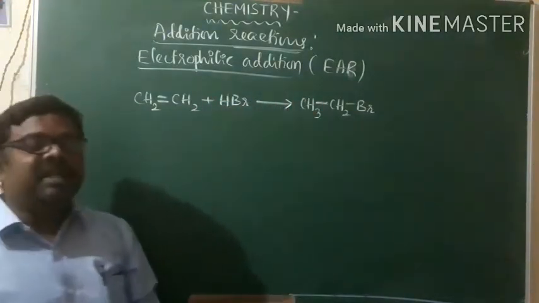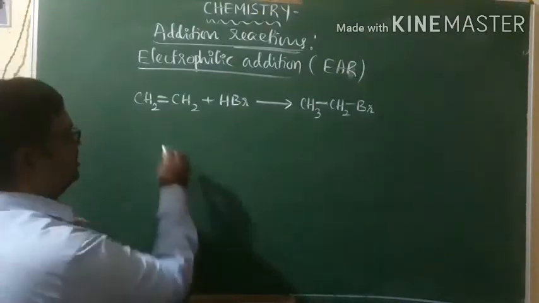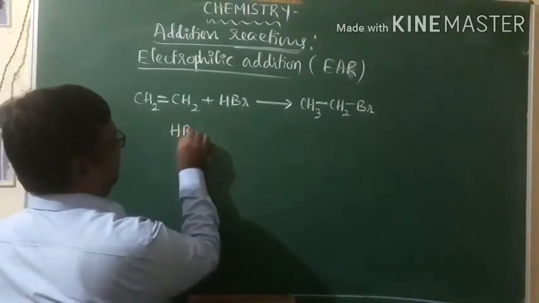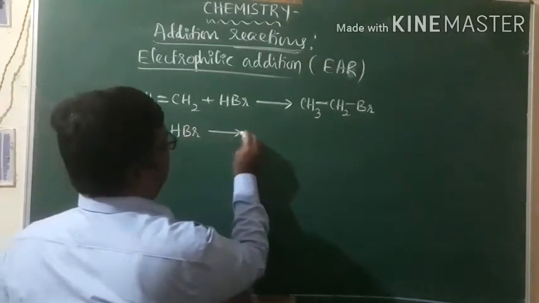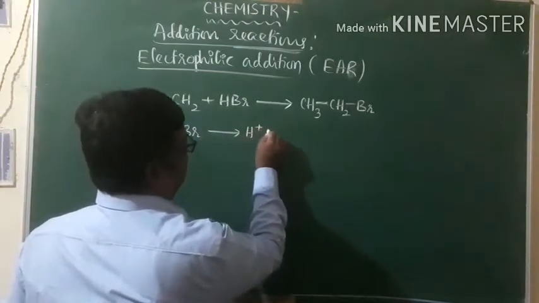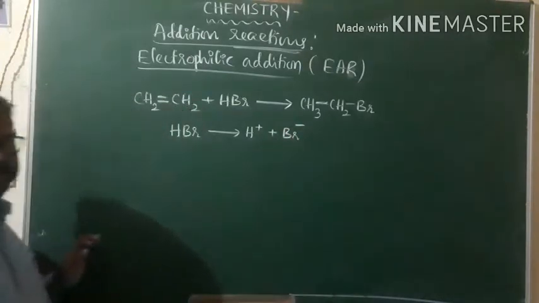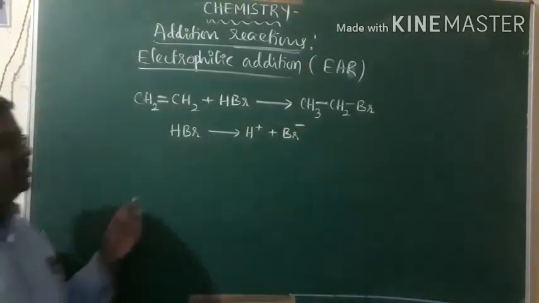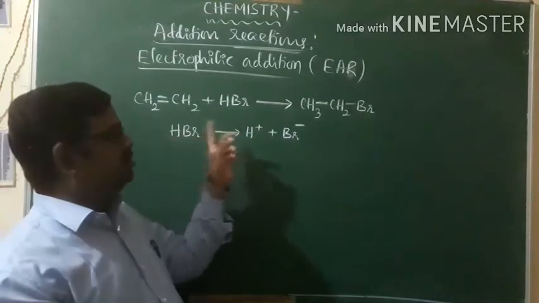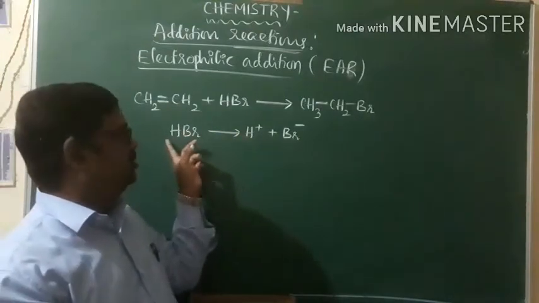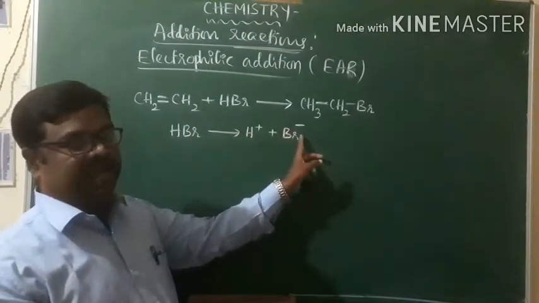Why is it called an electrophilic addition reaction? Because in this reaction we have HBr. Under reaction conditions, HBr dissociates to produce H plus and Br minus ions.